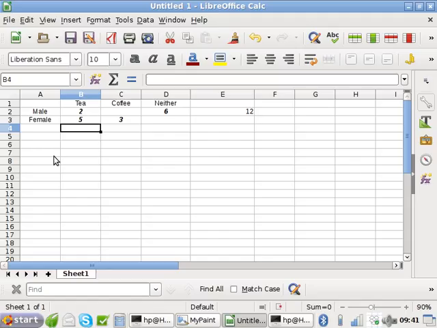I don't tell you this, but I also tell you that there are 25 people in total. So okay, of course you know that this number here must be 7, so I'll just leave it like that. So what I want everybody to do for me first is to complete the table.